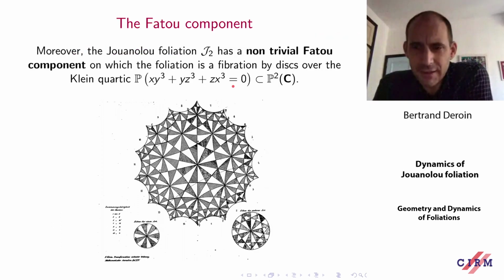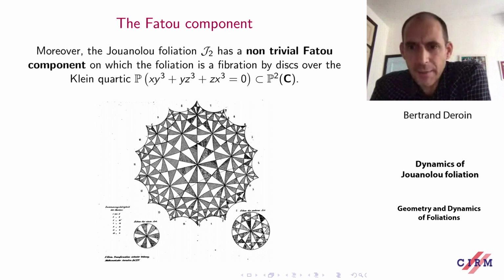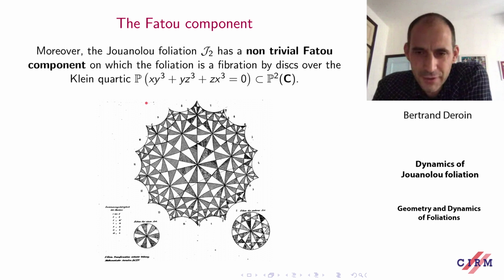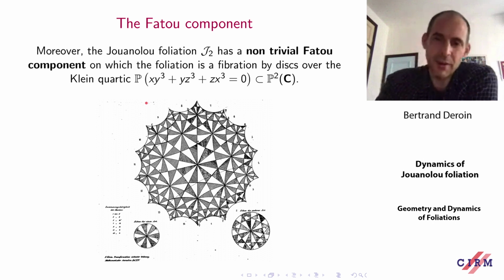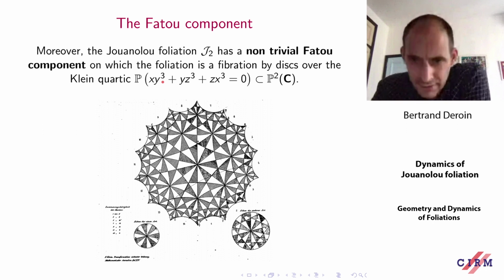The level sets of that integral are disks, topological disks, even though this gives you a fibration which is not locally constant. I gave you here the picture that you can see in the book of Klein of the fundamental domain, I mean of the action of the fundamental group of the Klein quartic after uniformization.